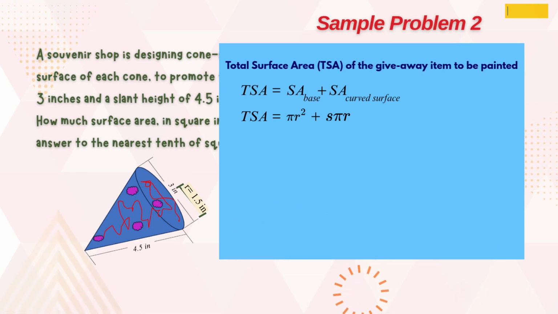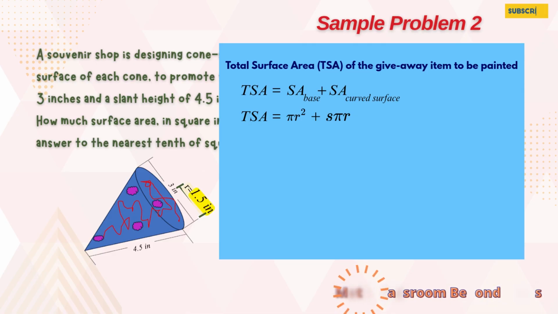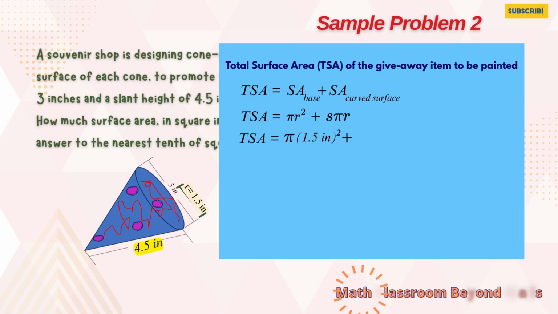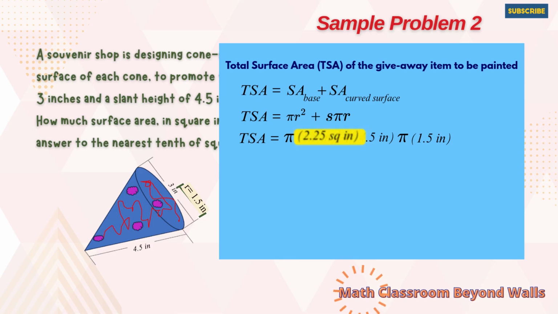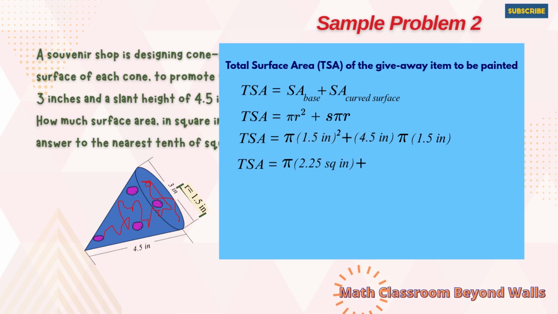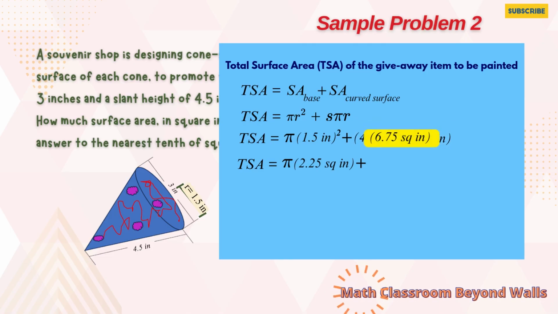Now, we can solve for the total surface area of the cone to be painted. Plugging in the values, we have multiplying 1.5 inches to itself gives us 2.25 square inches. And multiplying 4.5 inches to 1.5 inches gives us 6.75 square inches.